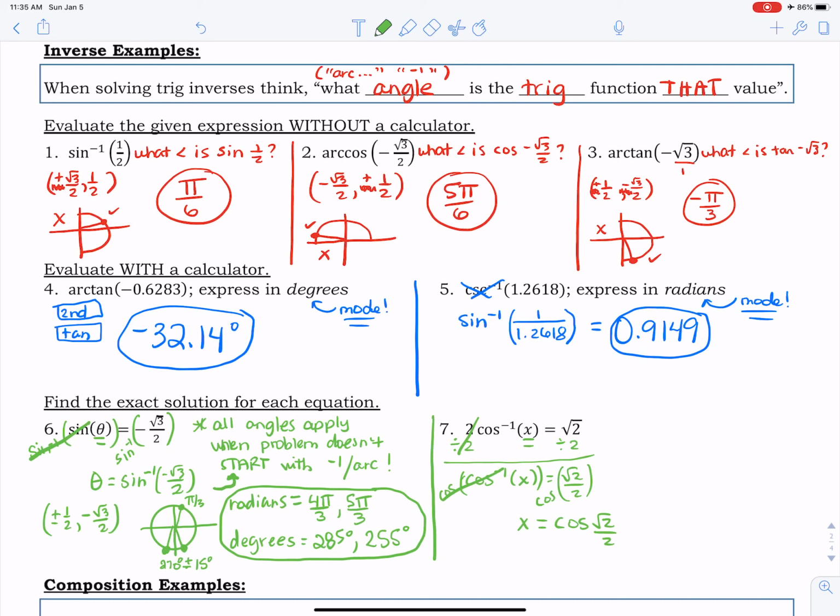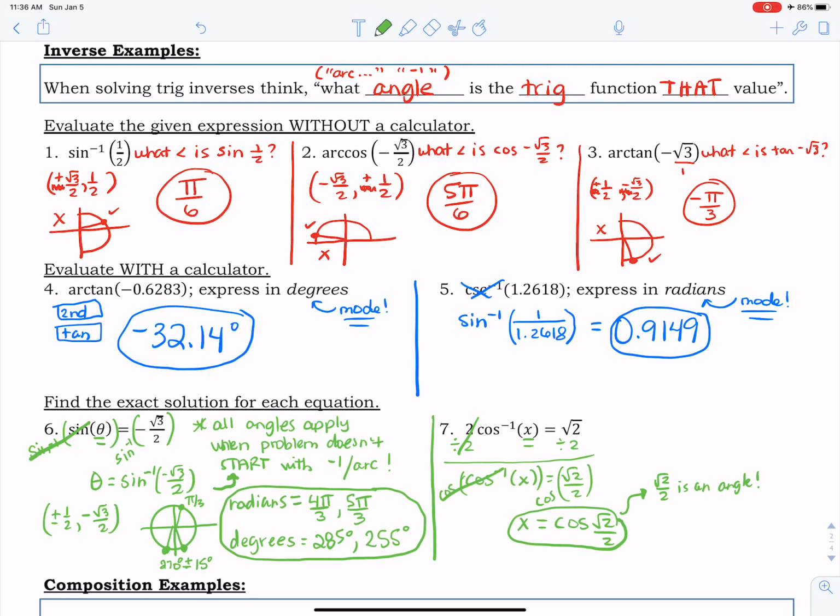But be careful with this one. This is saying that square root of 2 is an angle. So be very careful. That doesn't exist. That's not on our actual unit circle. So if we want the exact answer, this is the exact answer.